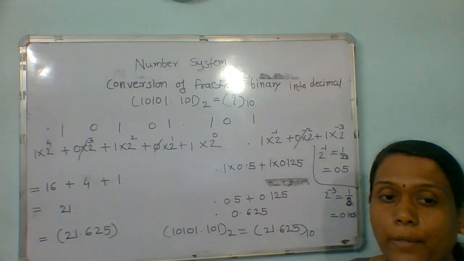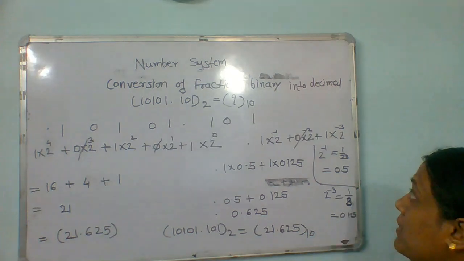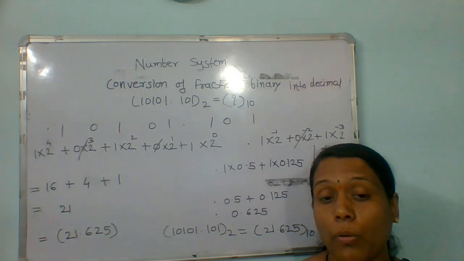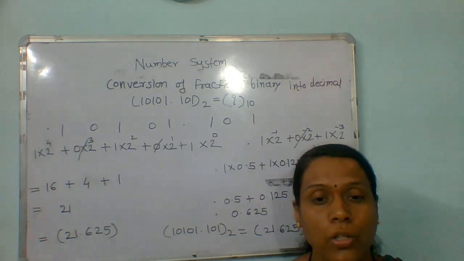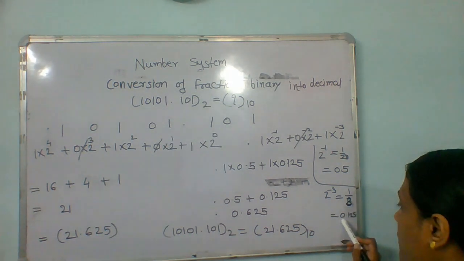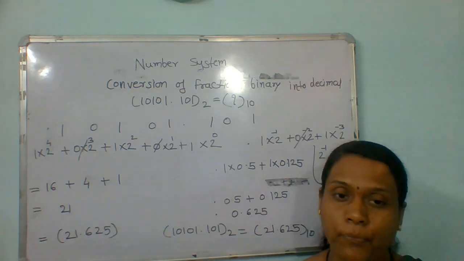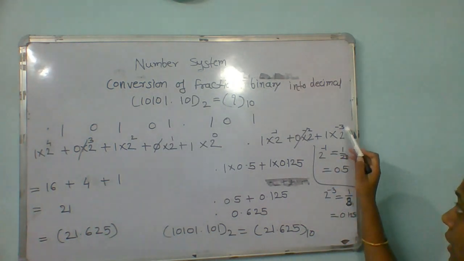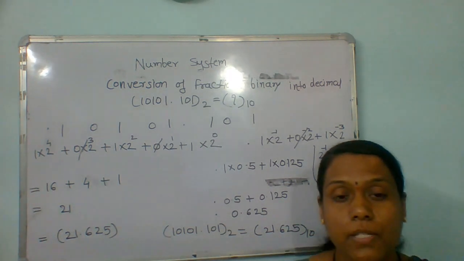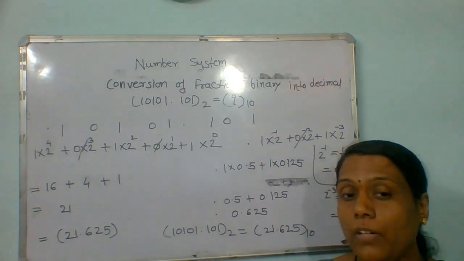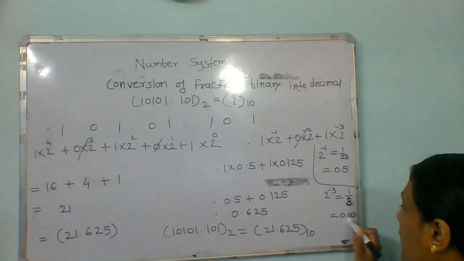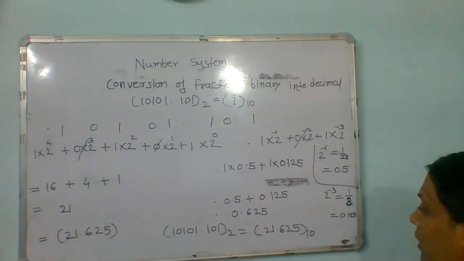So that we are not going to calculate. Next, 1 into 2 raised to minus 3. So the cube of 2 is 8, but it comes in the form of the minus sign, which we have to convert into the positive number. So we write 1 divided by 8 and the answer comes 0.125.